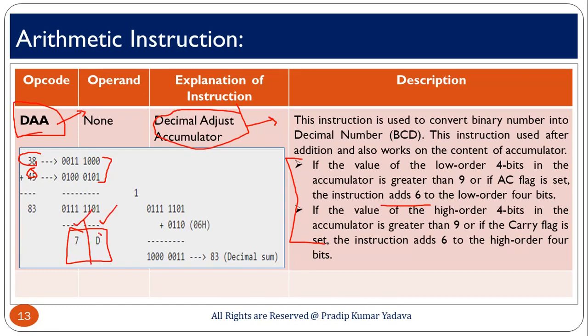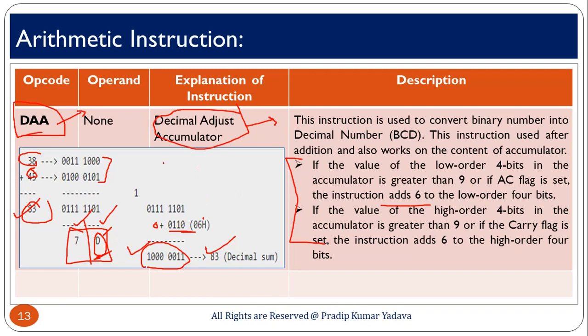If you check, we are getting D, which is greater than 9, so you have to add 06 to this output, this is 0 and this is 6. Okay. Then what do we get? 83, and when you add using the decimal method, you also get 83, so both are equal.